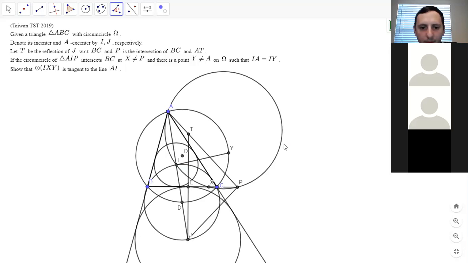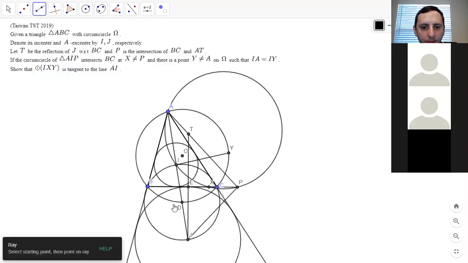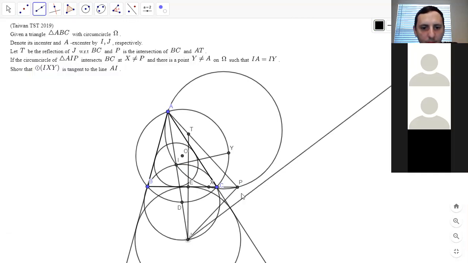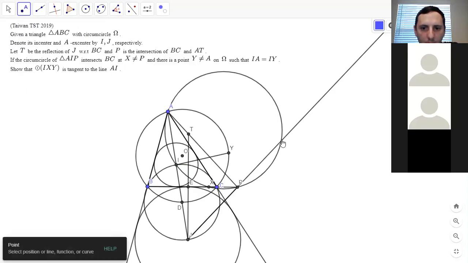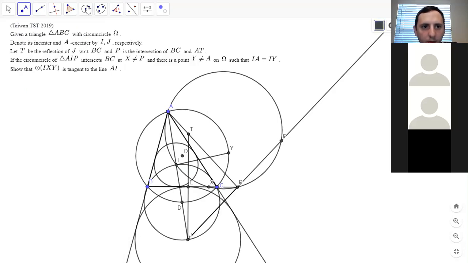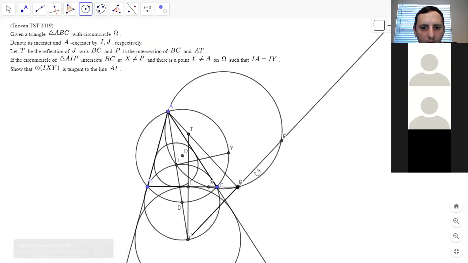That kind of makes me want to extend PJ. This might not go anywhere, but I just want to test it out. Oh, are these concurrent here? That would be interesting.